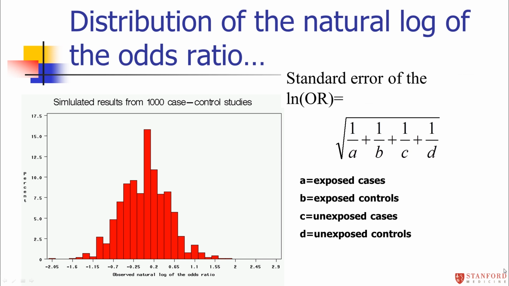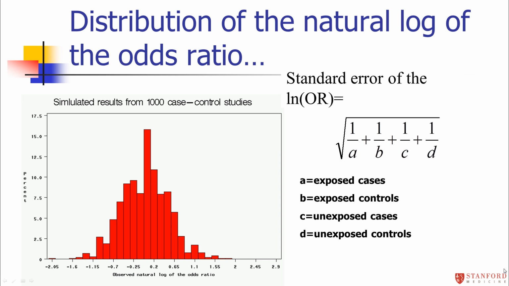Now, somebody worked out from mathematical theory the standard error of the natural log of the odds ratio. So this is the standard error for the natural log of the odds ratio for this curve here. And it turns out to be the square root of 1 over a plus 1 over b plus 1 over c plus 1 over d. Don't worry about that formula, but just realize that a is exposed cases, b is exposed controls, c is unexposed cases, and d is unexposed controls.